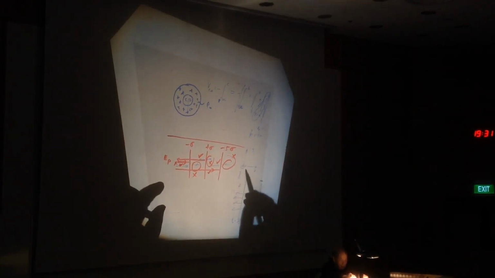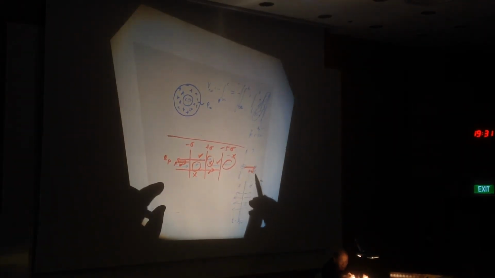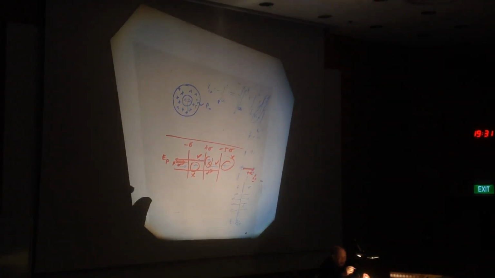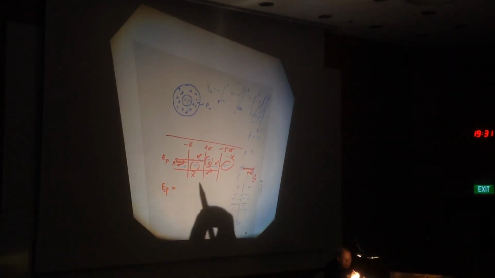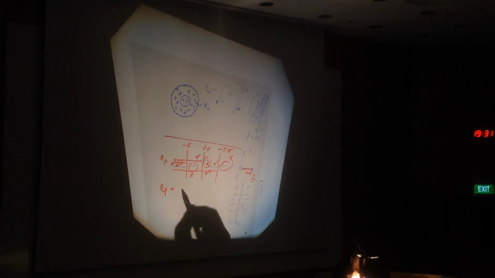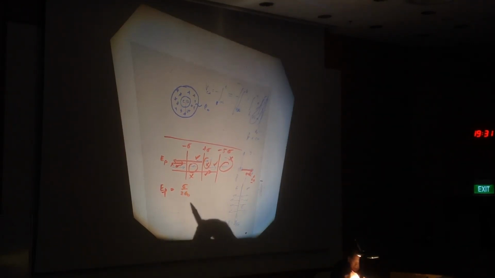So am I calling this one positive X or positive AX? So therefore at the point P, E_P vector is the same as this, the first one, sigma upon 2 epsilon naught.